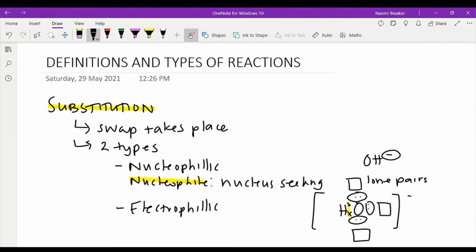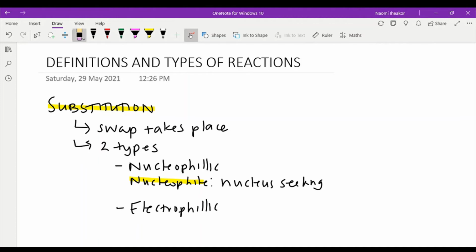And what we've done is we've just broken down what that means. So because of these lone pairs of electrons, it's looking for something to fill up these spaces, hence the nucleus seeking definition or term given to this species. So in a nucleophilic substitution reaction, we're going to have a swap take place, but that swap is going to be something being swapped by a nucleophile.